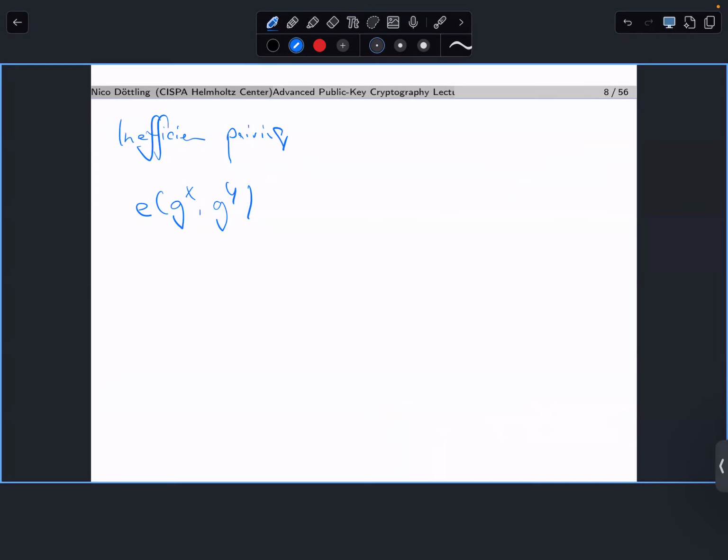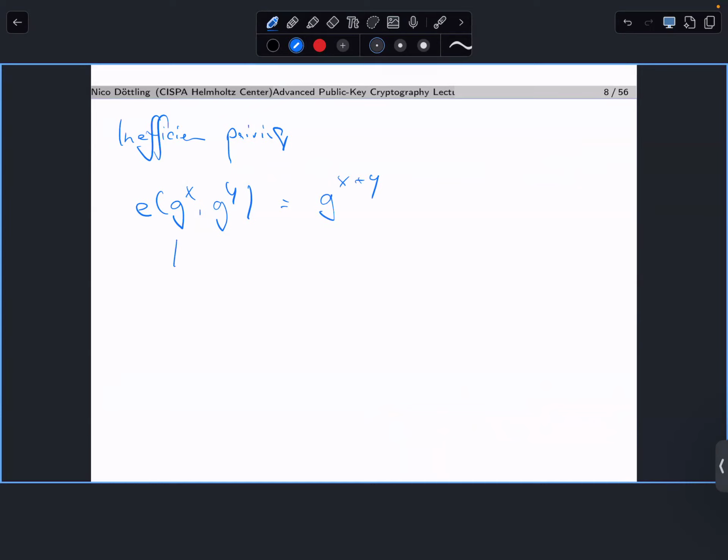So if your candidate is e of g to the x, g to the y being something like g to the x plus y, I claim this is not bilinear. Let's try it.